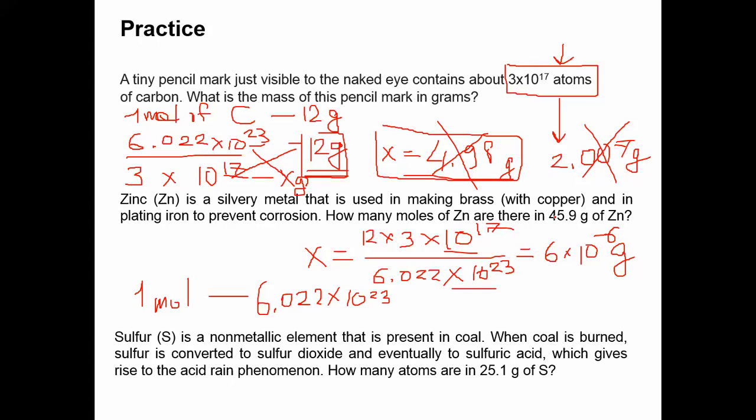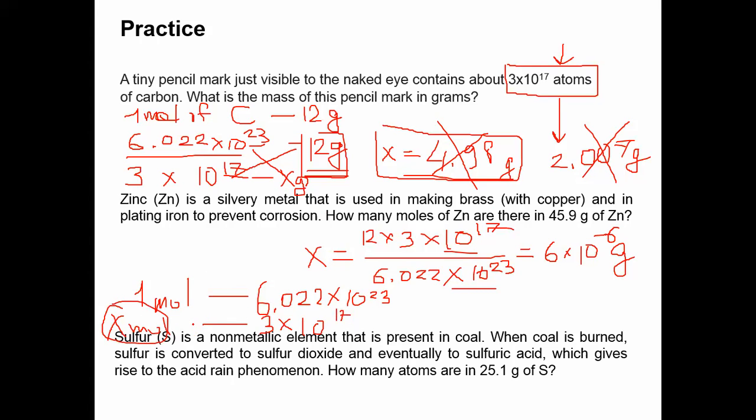Yes. Okay, so let's write it. So X moles will be 3 times 10 to the power 17 atoms, okay? So by finding X, you will find moles, but you will not find mass.